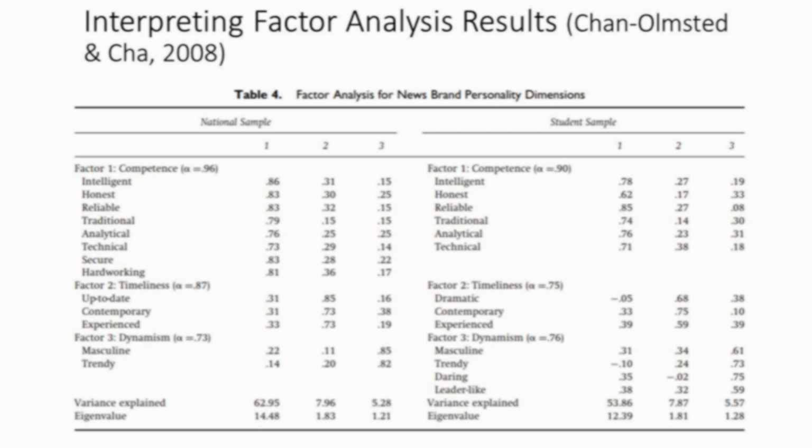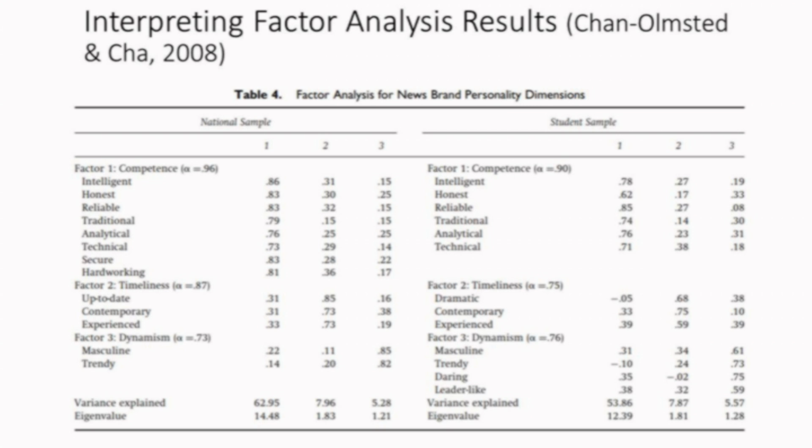And so you can see for the first column, the first factor analysis is there. And we can see all of the personality traits that loaded together. For TV news, intelligent, honest, reliable, traditional, analytical, technical, secure, hardworking. Another scale that was produced here, statements that vary together and help explain the data, include timeliness to the left-hand side, up-to-date, contemporary, and experienced.